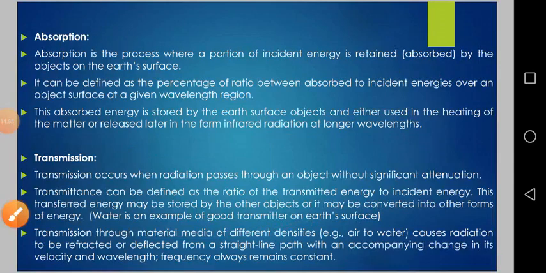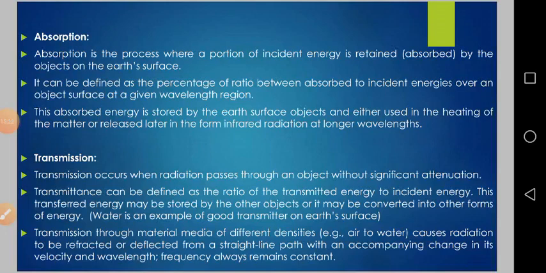Transmission through material media of different densities, for example air to water, water to soil, causes radiation to be refracted or deflected from the straight line path, with an accompanying change in its velocity and wavelength, where the frequency will be almost constant.